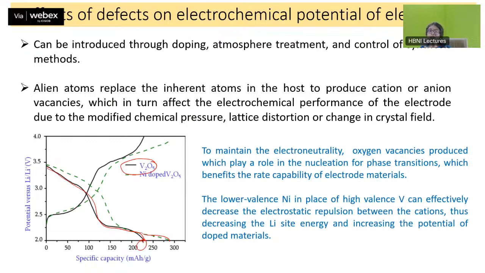If you decrease the lithium site energy, then it is going to increase the potential of the doped material, the chemical potential of the material. So that helps, because when you increase the chemical potential, the anode voltage goes low.